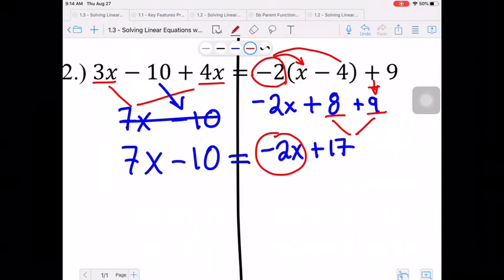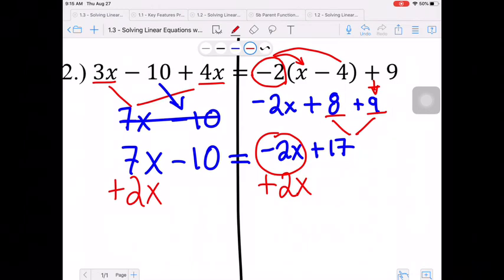Cool. So let's go ahead and add 2x to make it a 0. Whatever I do to one side, I'm going to do to the other. And again, you got to make sure that you add the 2x to something that has an x, which the 7x does. So I'm able to add 2x into 7x.